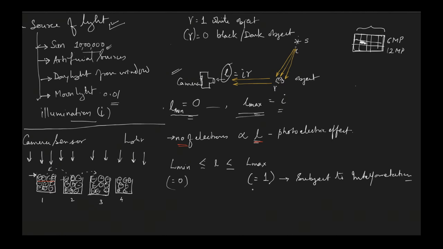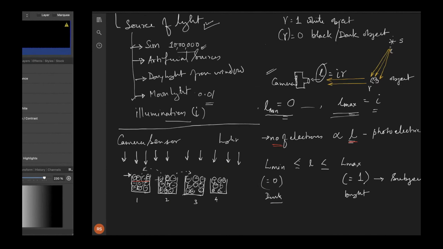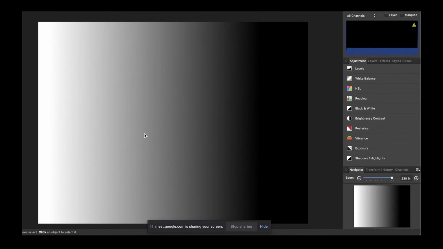Here you can see these are the recorded values. Your scene will look very bright here, and here the scene will look very dark. So I will just share an image with you. Can you see the image on the screen? Yes, sir. How does it look? Where is the zero of recorded intensity in this image? Rightmost. Rightmost side.